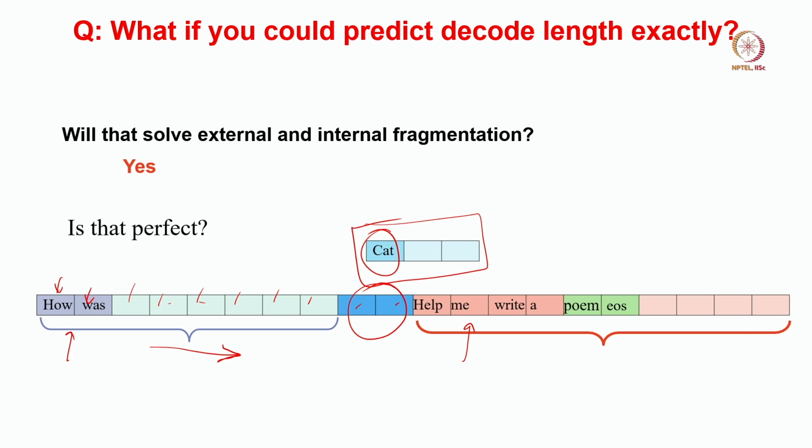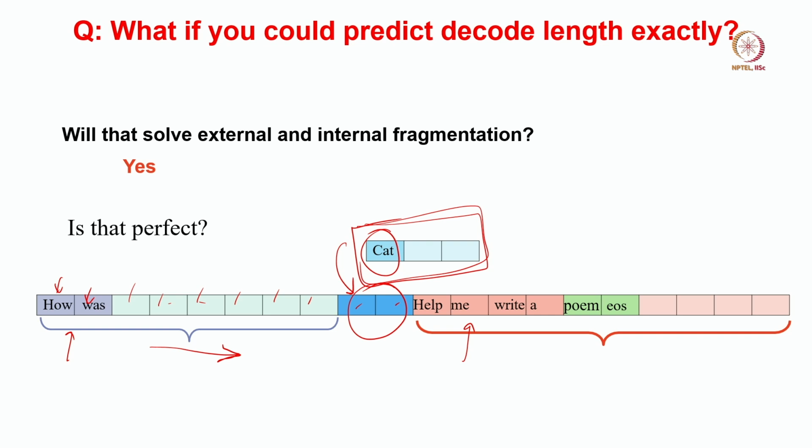Now this new prompt needs 3 slots, so we cannot actually use these 2 slots. So again those slots, that much GPU memory, are wasted.